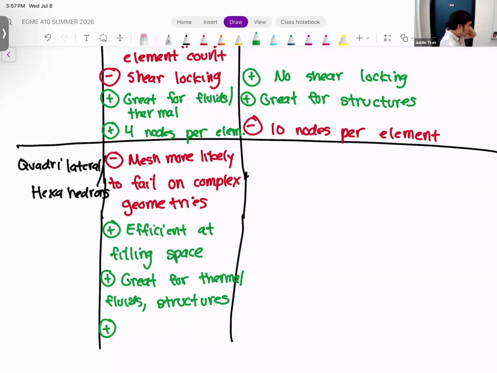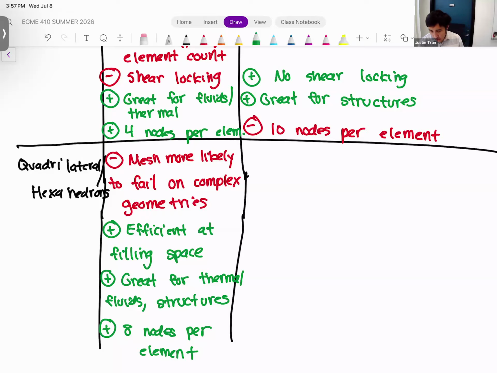And then the other benefit, of course, is that per element, there's only 8 nodes, which is still relatively cheap, right? So only 8 nodes is still, I would say, on the cheaper side.